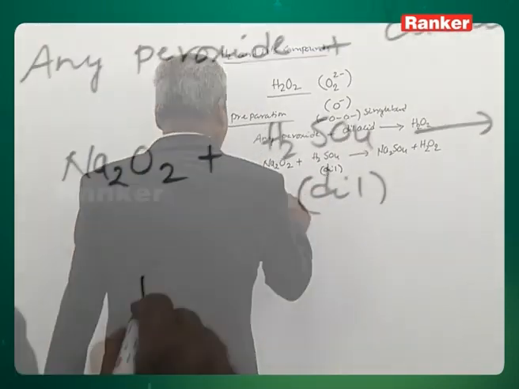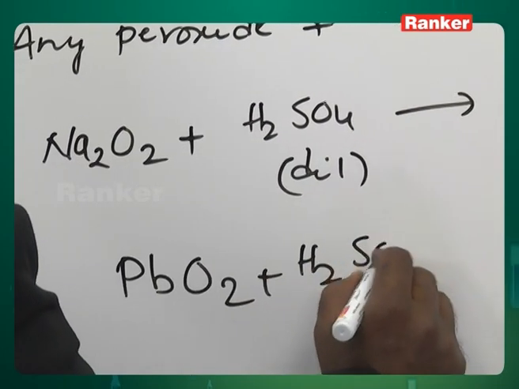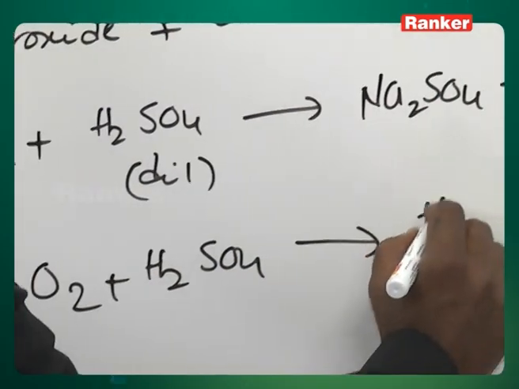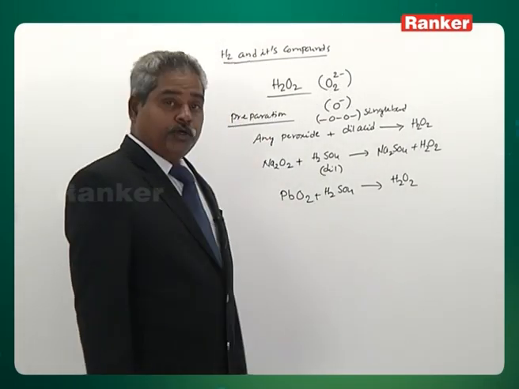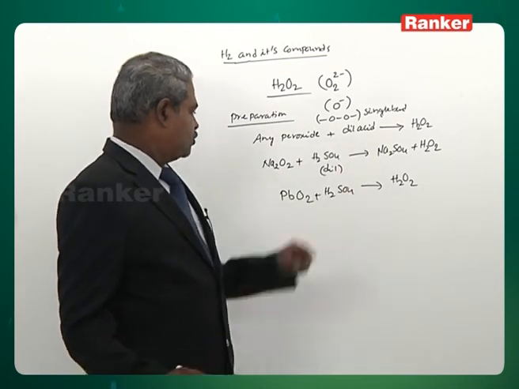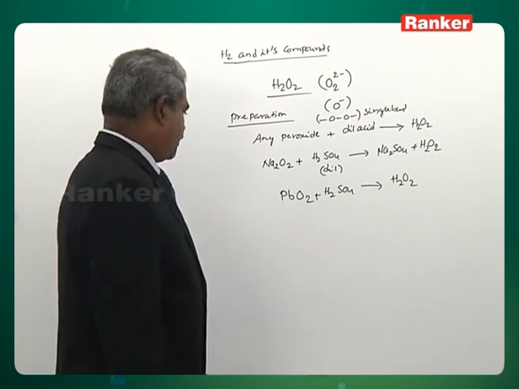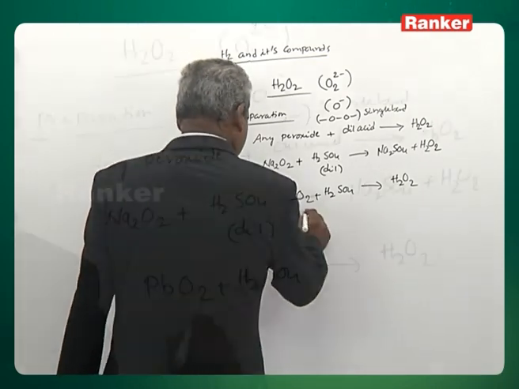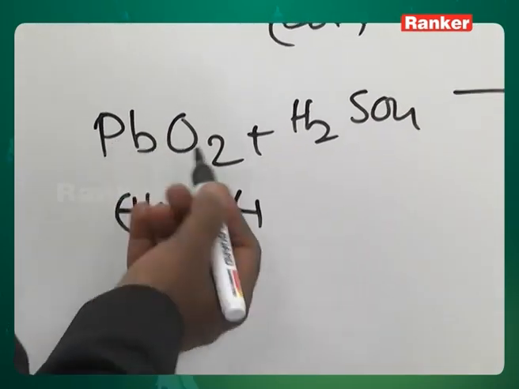PbO2 plus H2SO4. Will you get H2O2? You will if this is a peroxide. But is PbO2 a peroxide? Let us see. Give minus 2 to oxygen, minus 4. Lead is plus 4. Therefore, it is not a peroxide.